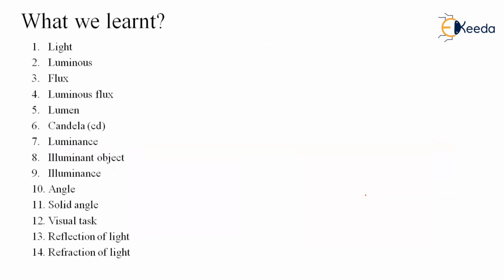So what we learned in this session are 14 definitions and concepts, starting from light, which is a source of energy; luminous flux, the flow of light; lumen, the unit; candela, the measure of intensity; luminance, what it is; illuminant, the object which gives out the light; illuminance, light falling on a square meter of given area; angle and solid angle.